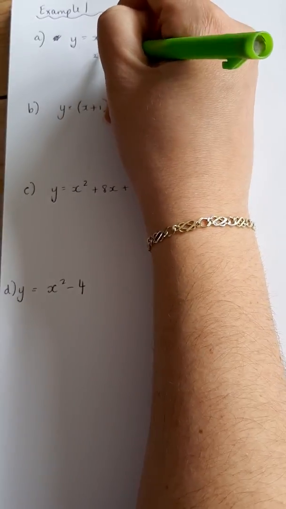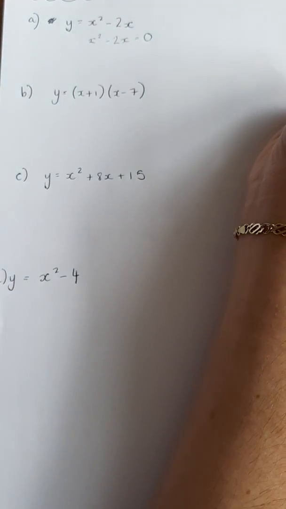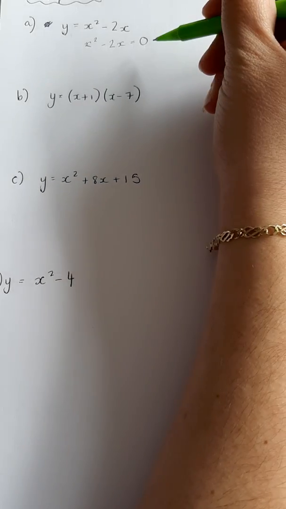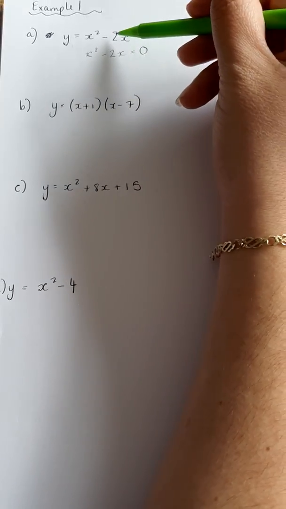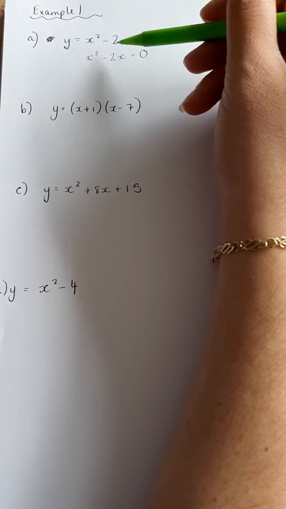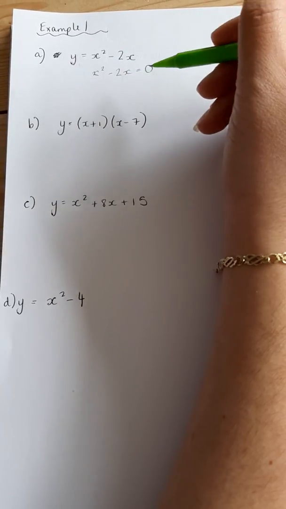So we'll say x squared minus 2x equals 0. Once we've done that, now we can factorise it. Now I can tell that this sort of quadratic is a really simple one that will just go into one bracket, because I can actually only take out a value of x out of both of them.